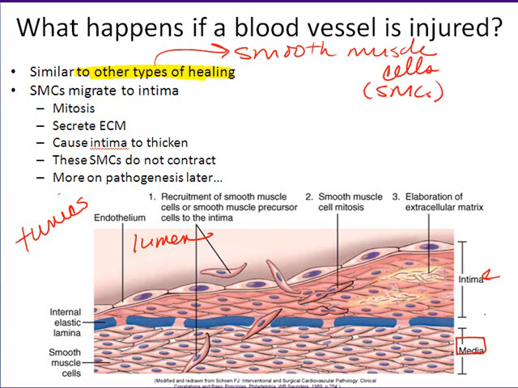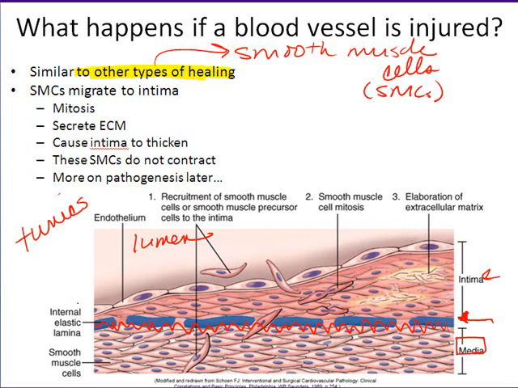Now, if you look at the intersection right between the tunica media and the tunica intima, there is a layer of smooth muscle cells right in that junction that do not necessarily have contractile properties. They don't contract as much as they have the ability to undergo mitosis, and they have lots of rough endoplasmic reticulum, Golgi apparatus, etc., so that they have an ability to manufacture matrix when necessary.